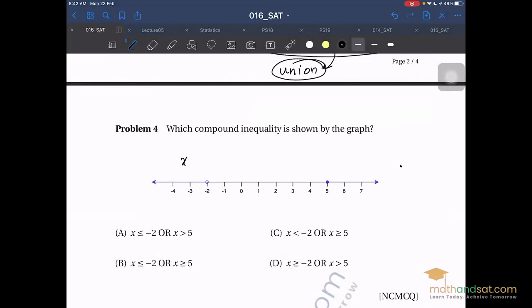Your x is less than -2 or your x is greater than or equal to 5. C is our answer.